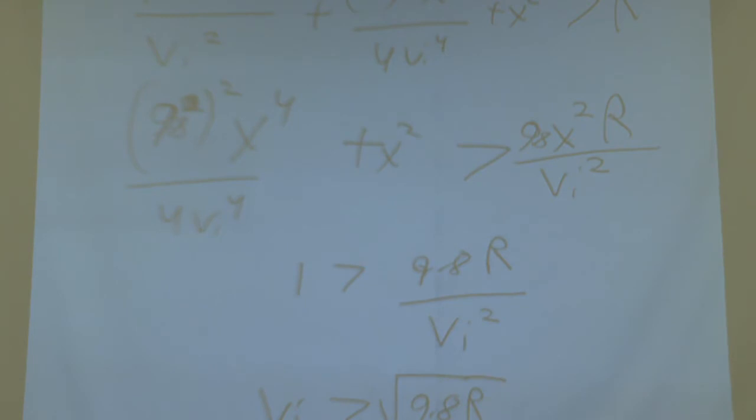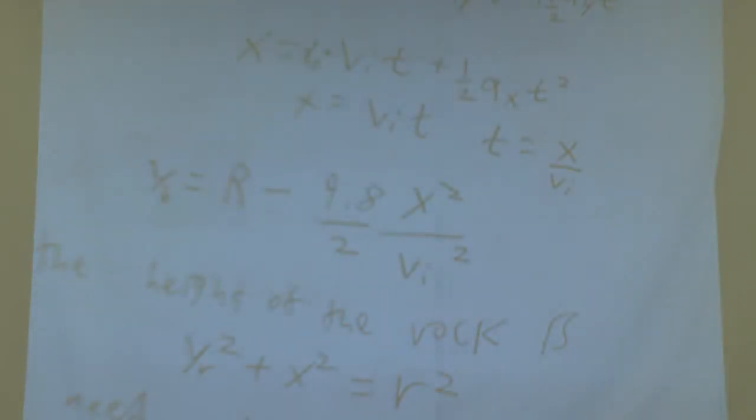Now this question had a part B. What did part B say? With this initial speed, how far from the base of the rock does the ball hit the ground? When the ball hits the ground, y of b is equal to 0.